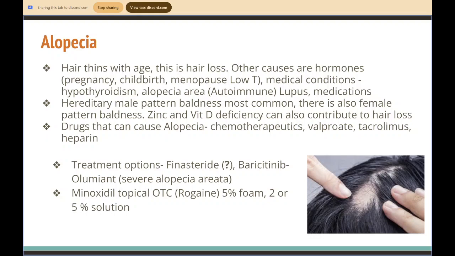So let's talk treatment options for alopecia. And the picture on the right shows alopecia starting. Finasteride, if anyone can tell me the different brand names for finasteride, I know there's two main ones.